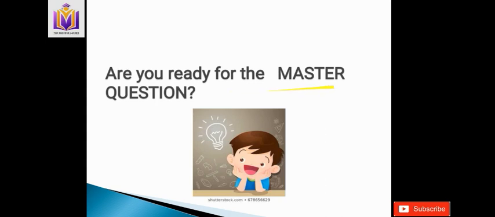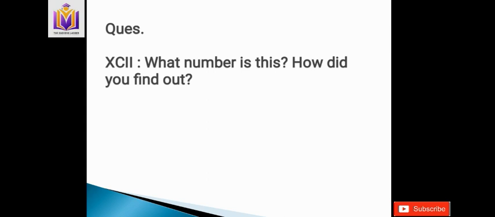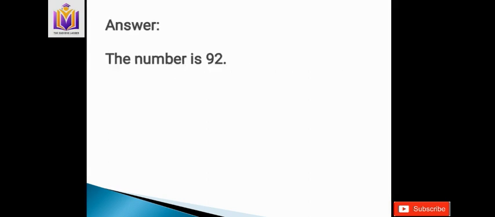Now it's the time for the master question of today. XCII. What number is this and how did you find it? So let us see. XCII stands for 92. The letters denote 92.